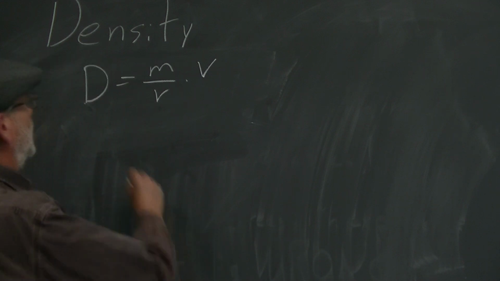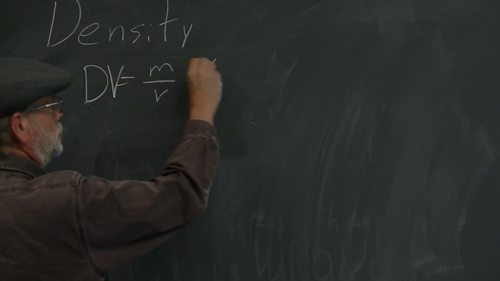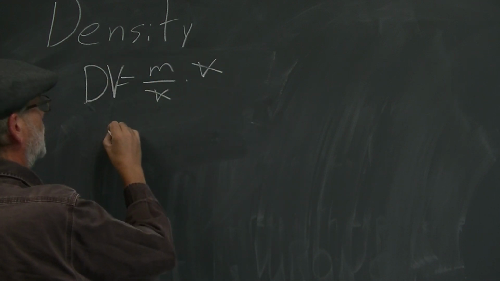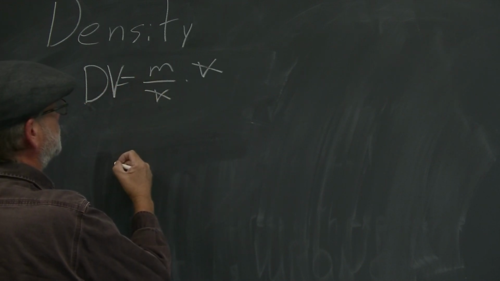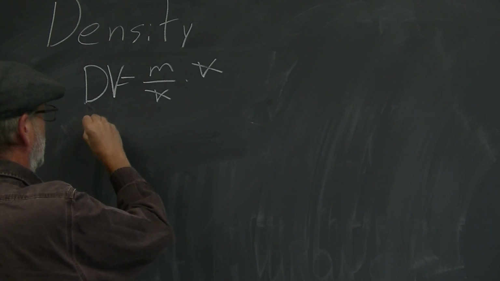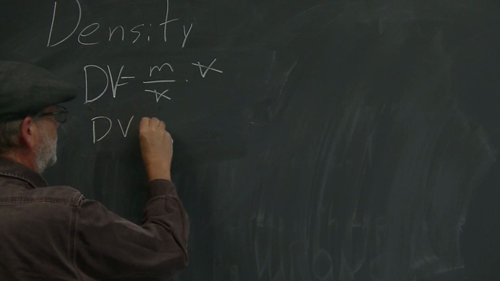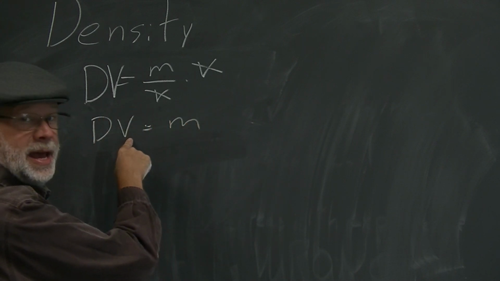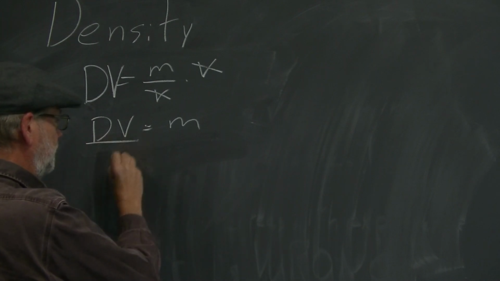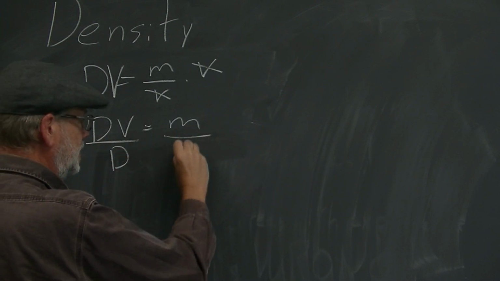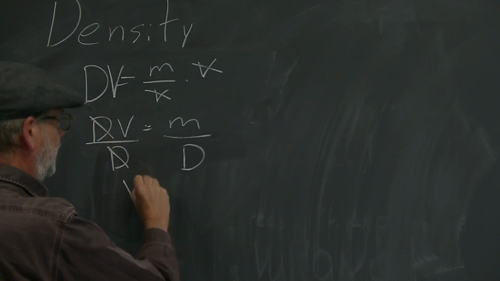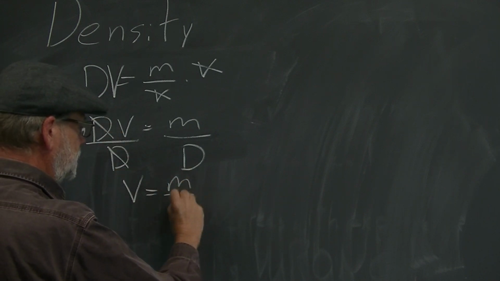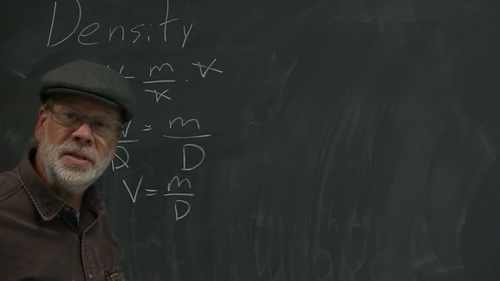So you do the same thing you did before: density times volume equals mass. But now you have to get volume by itself, so you simply divide both sides by the density. The density cancels out here, and you have volume equals mass over density. It works like a charm.